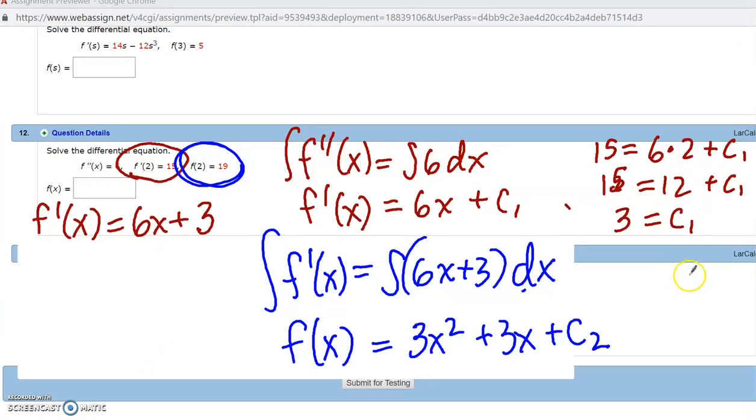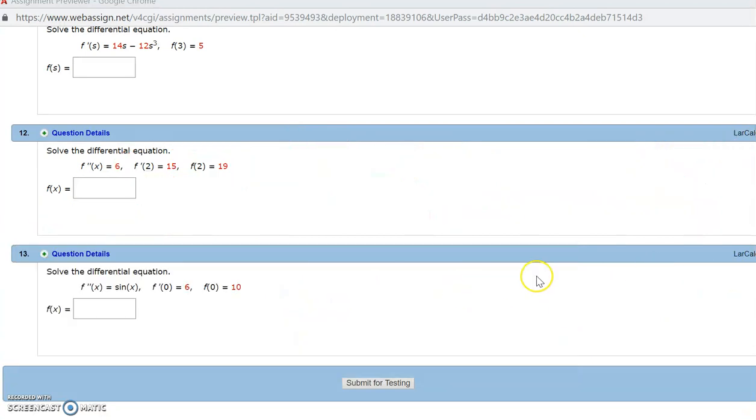I'm going to use my next initial condition to help me out. So I'm going to go ahead and plug in 2 again. And so I'm going to get 19 equals 3 times 2 squared plus 3 times 2 plus c sub 2. I know that's off the screen. Let me move it over.